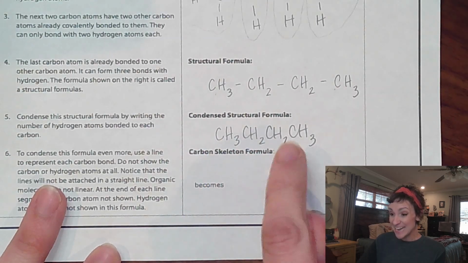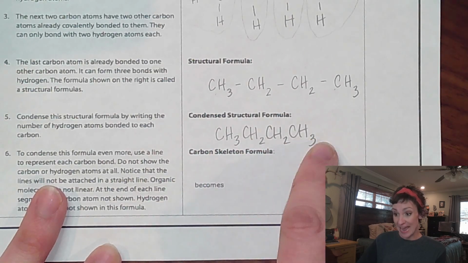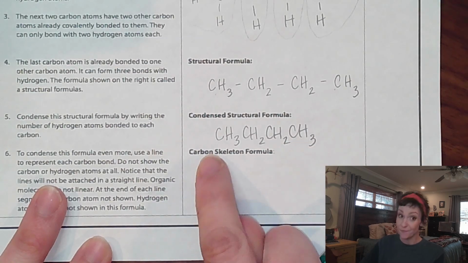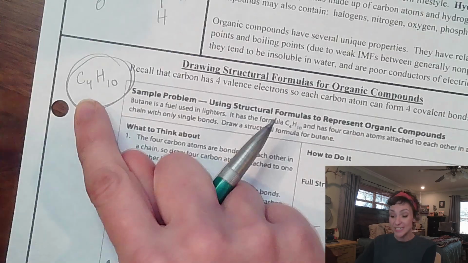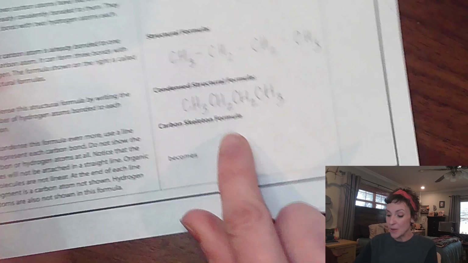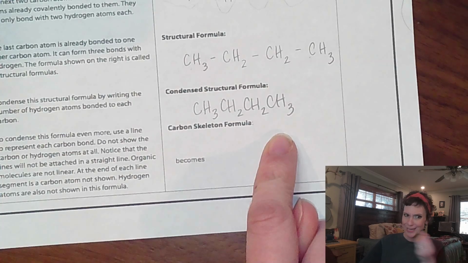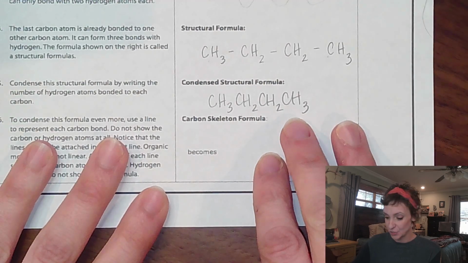I have written it this way to show you what each carbon has on it. As read, it still has 4 carbons and 10 hydrogens, but it gives a little more detail, showing how all those hydrogens are arranged on the compound, into which carbon they are on. Okay, so this is a condensed structural formula.